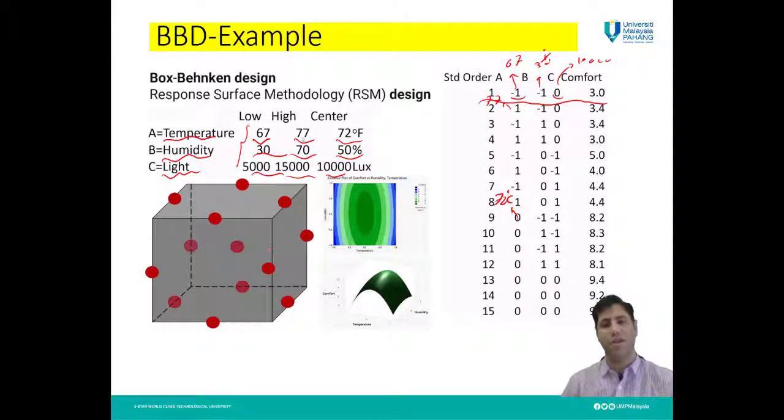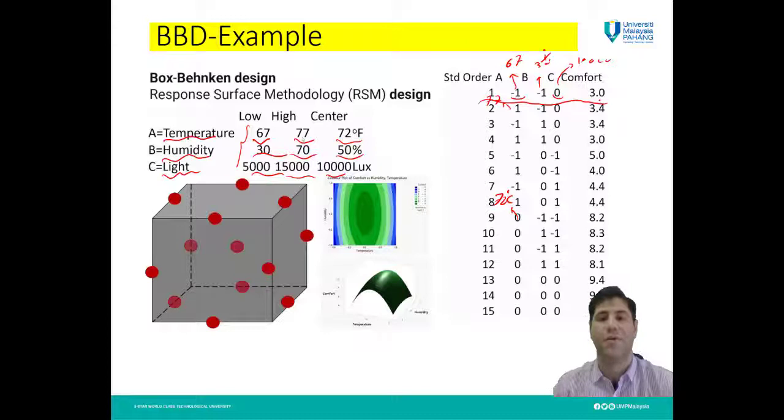So if you notice here, we don't have that alpha, and we have only three levels: low, medium, and high.